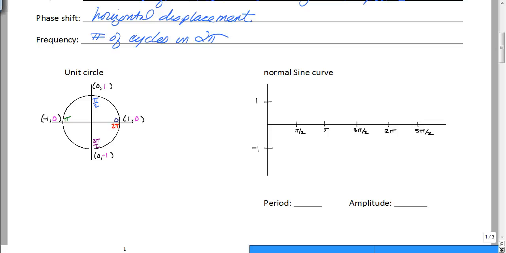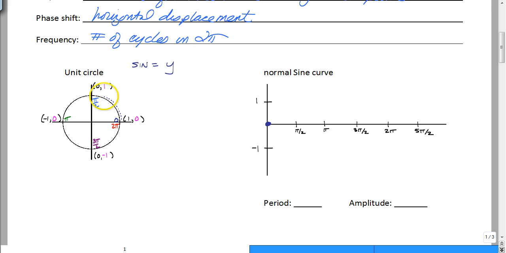The first point we have is at 0 radians, and remember, sine is equal to the y value of these coordinates. So at 0 radians, our y value is 0. Now, as you go, look at what happens to y.